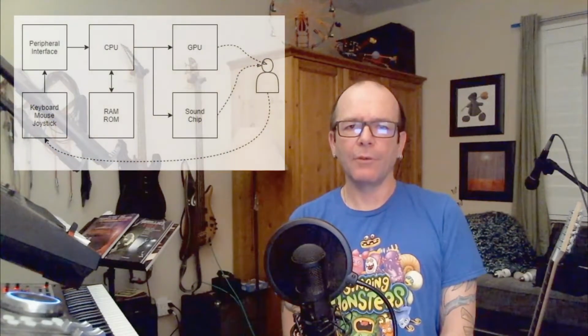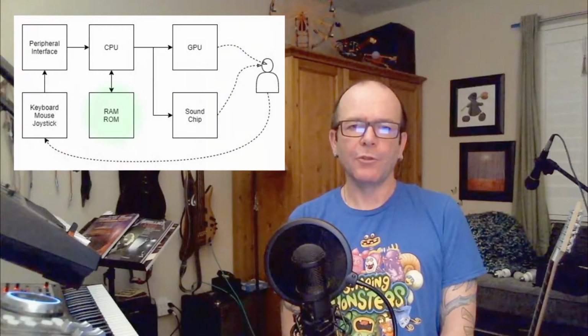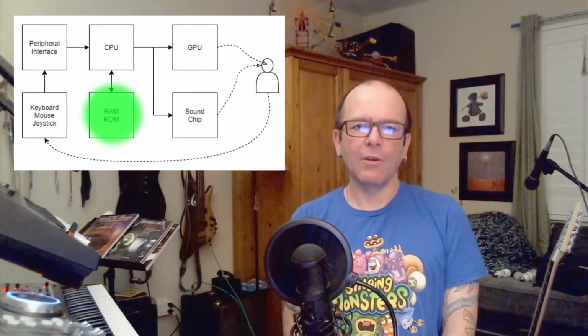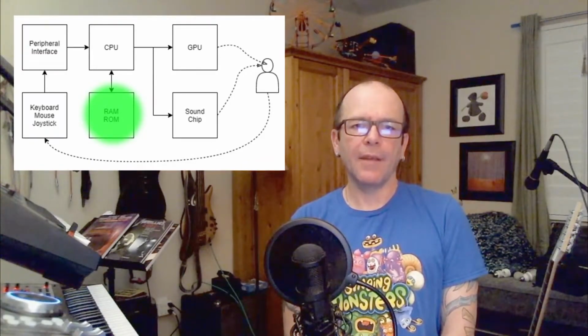Anything that's being processed, where the result may be current health or current player color, if you have a configurable system where the player can choose their own colors, all those things get stored in random access memory so that they stick around for later when the CPU needs to have access to them.